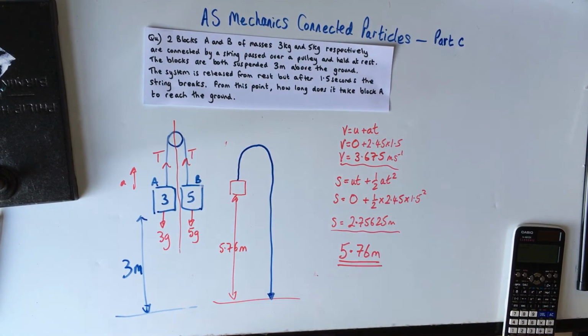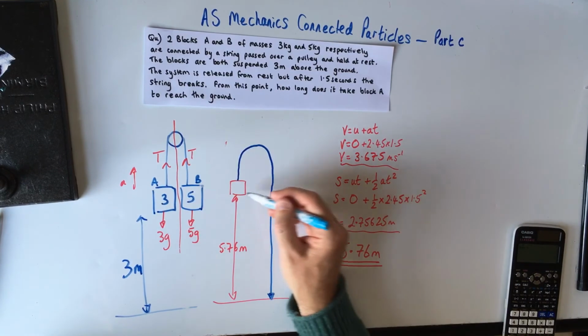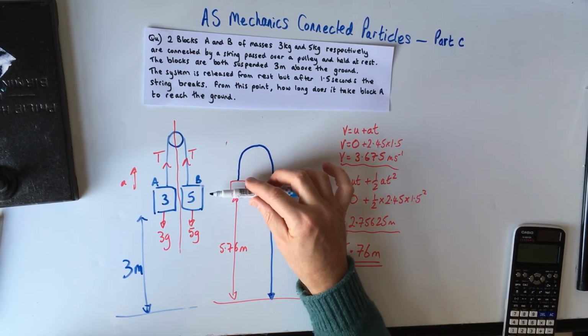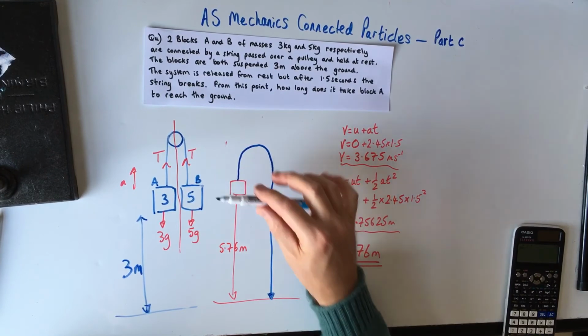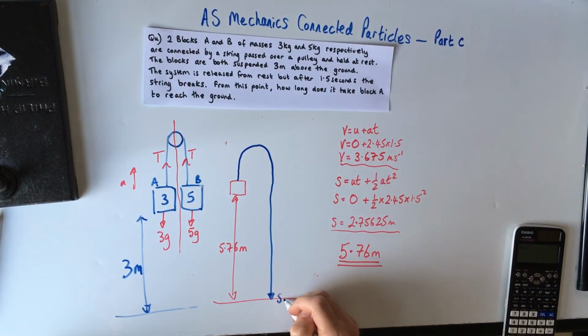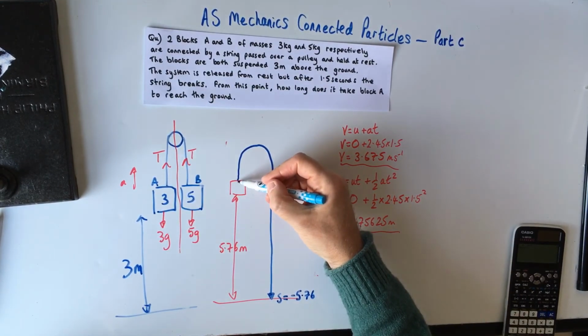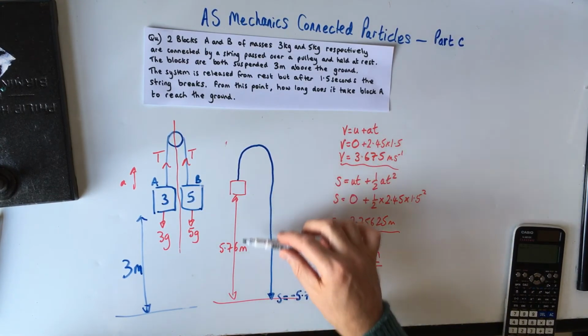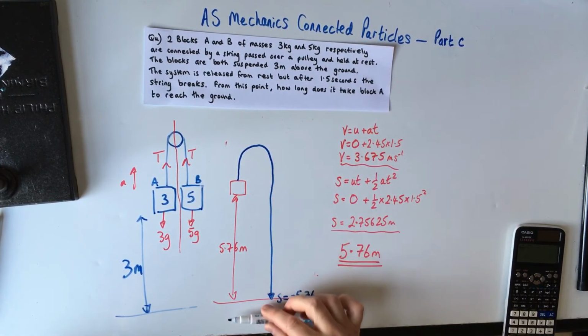Okay, so if we take this as our S equals 0, displacement 0 from the starting point, as if this was the start of a question, this point, of course, is the point S equals minus 5.76. So we want the time for it to reach a displacement of minus 5.76, because that's below the 0.